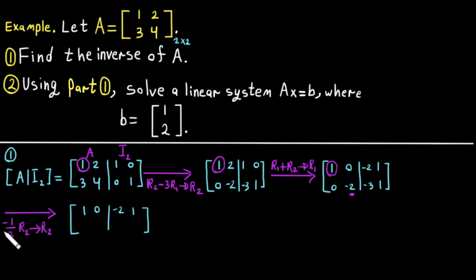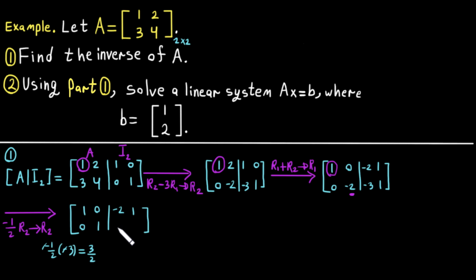0 multiplied by -half, which is 0. -2 multiplied by -half, which is 1. -3 multiplied by -half: negative with negative will disappear, so 3/2.